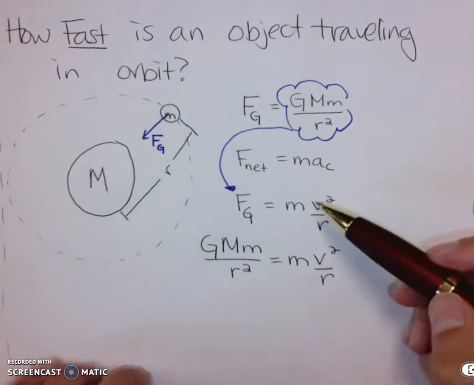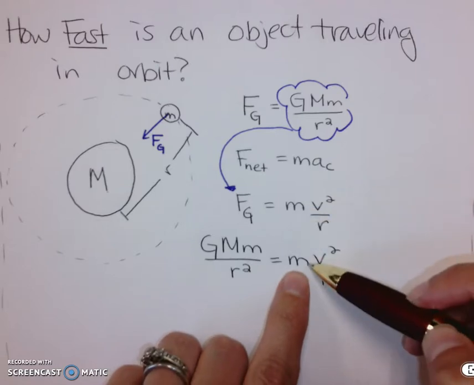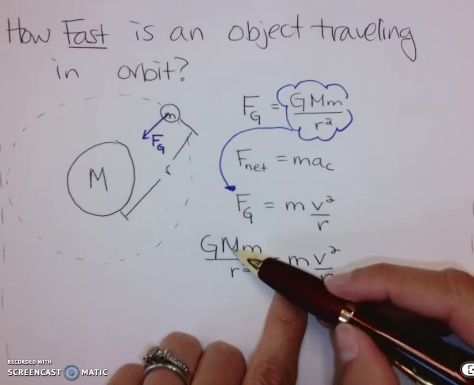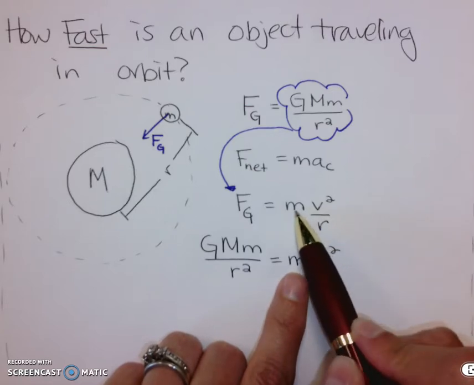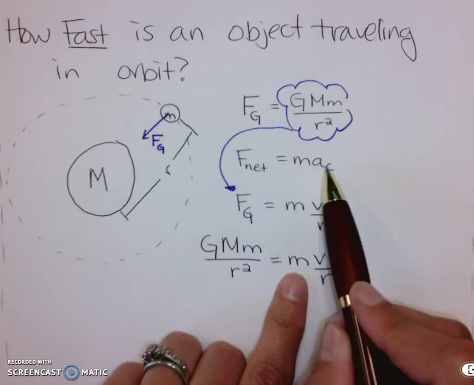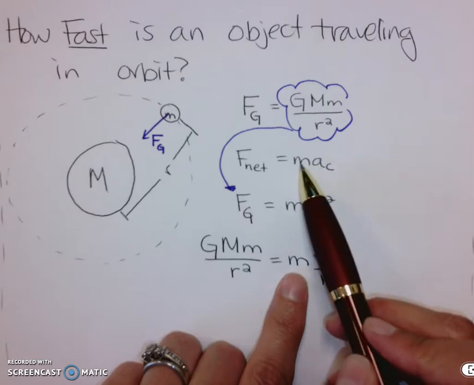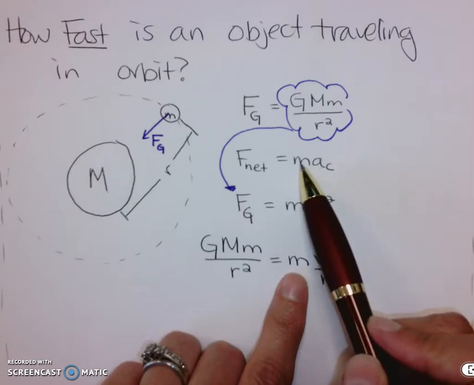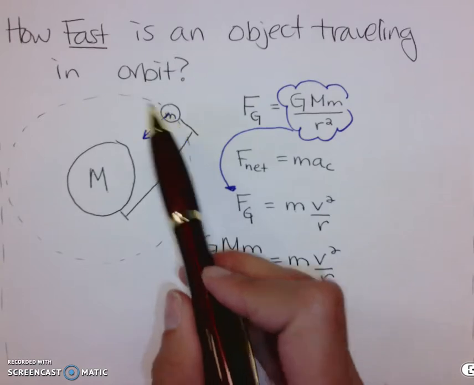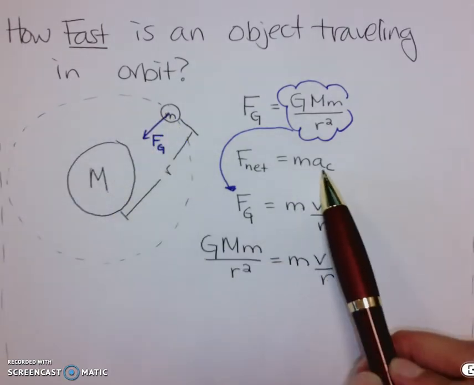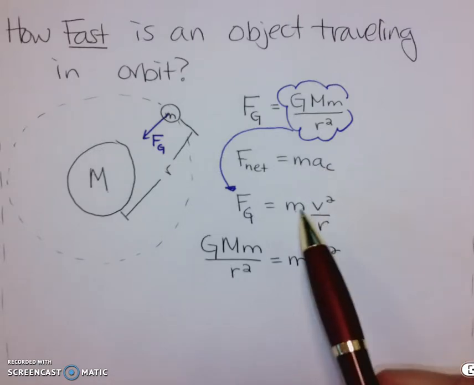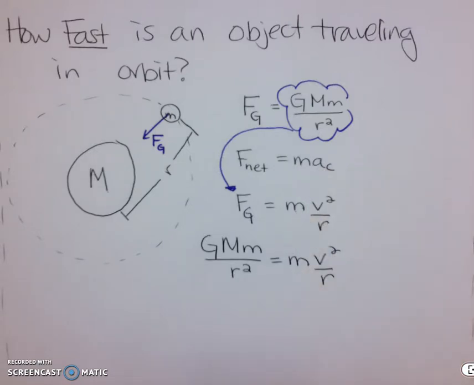Now it's important to understand why it's the little m that I put here and not the big M. The question I always ask myself about which m belongs here next to the a is, it's whatever mass is doing the orbiting. And since my moon is orbiting the planet, that is the mass that's undergoing the centripetal acceleration. Therefore, it's the little m that I place here.